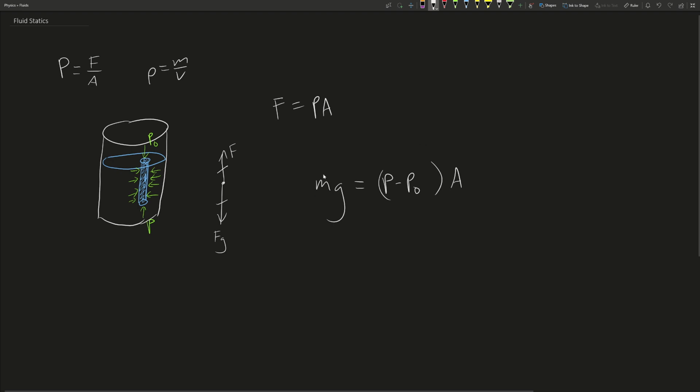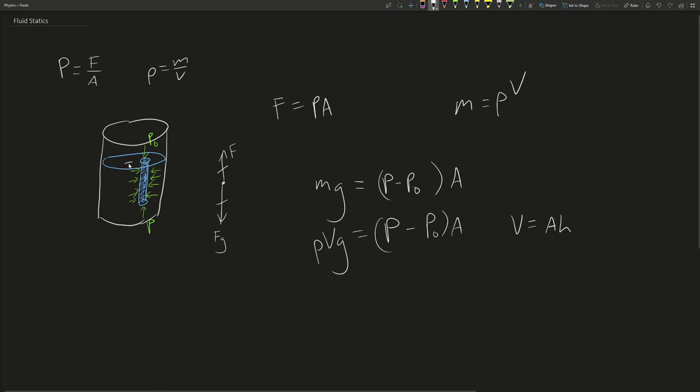Now we can write mass as density times volume. So we have rho Vg is equal to pressure minus the initial pressure times area. And then we can write volume here as just the area of the top or bottom surface of this column of water times the height of the column of water.